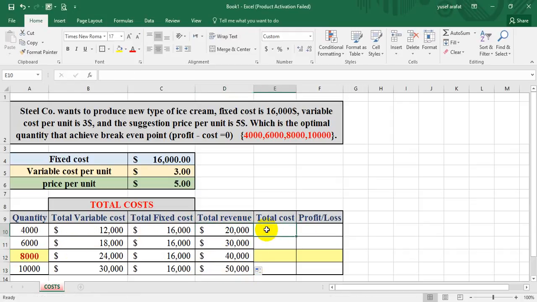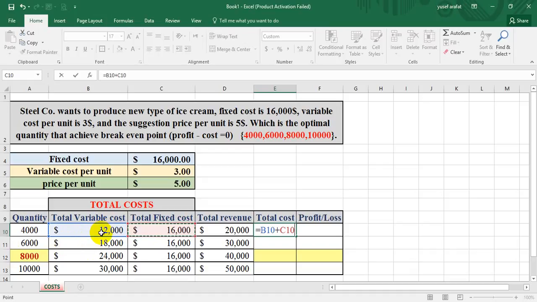The total costs equal variable costs plus total fixed costs. Total costs contain the fixed and variable costs. The fixed costs are 16,000, fixed, but the total variable costs are variable, they change when the quantity changes.